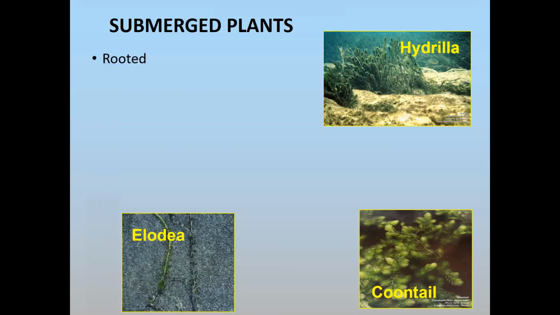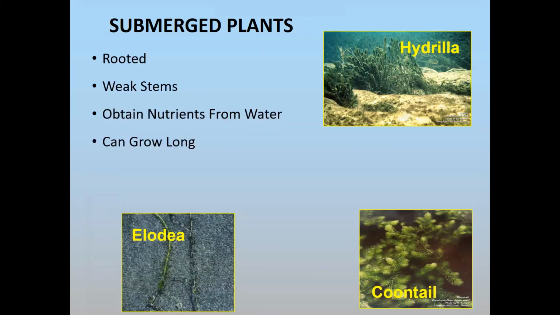But again, they're rooted to the bottom. They're there because they can attain nutrients and they're getting sunlight. Okay. Again, some of these species can be very problematic, where there's high interference with any sort of use in the pond, whether it be irrigation, pumping, swimming, fishing, whatever the case may be.